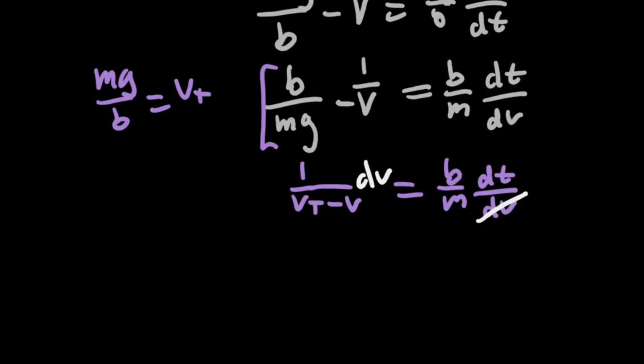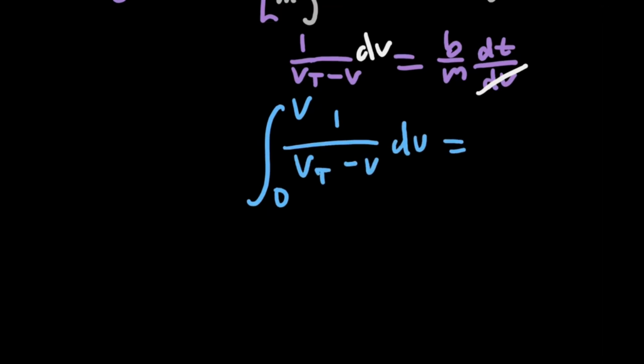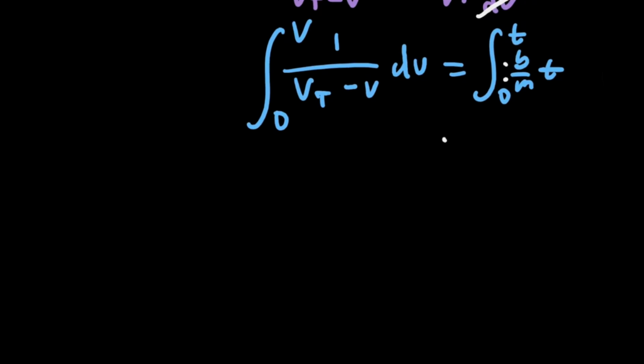So now we can make an integral, our friendly integral. We're going to go from 0 to v of 1 over vt minus v with respect to dv, which is equal to the integral from 0 to t of b over m dt. We're going to get just b over m t here, a pretty simple integral.